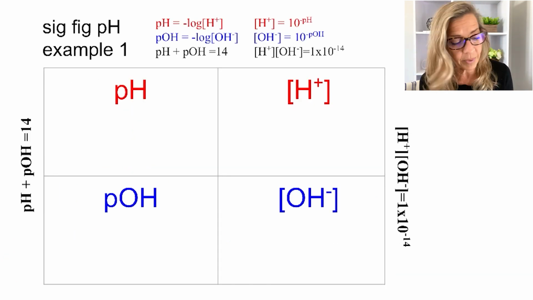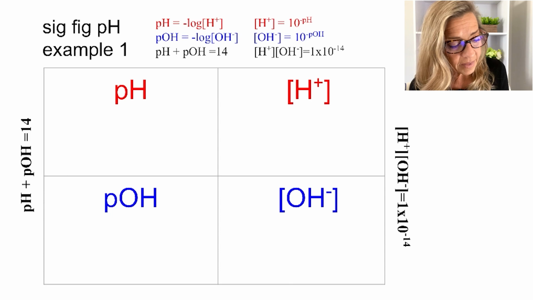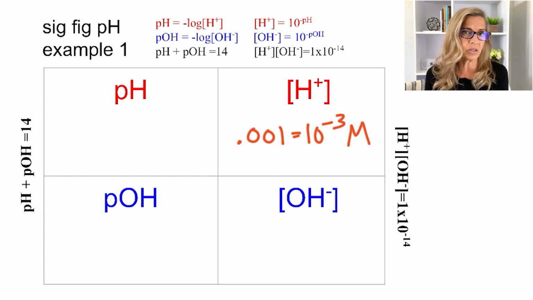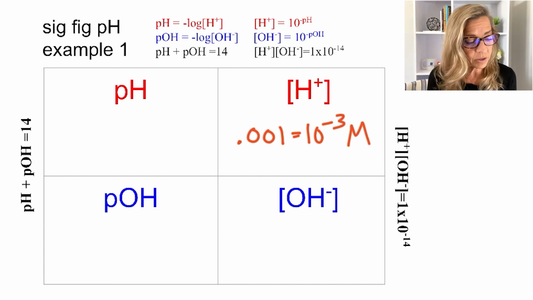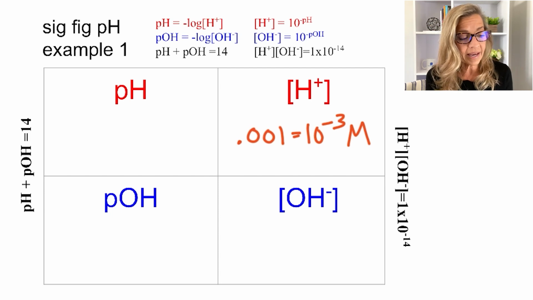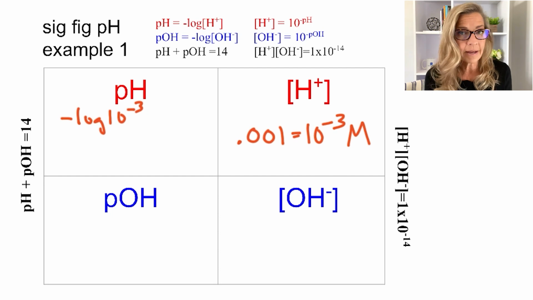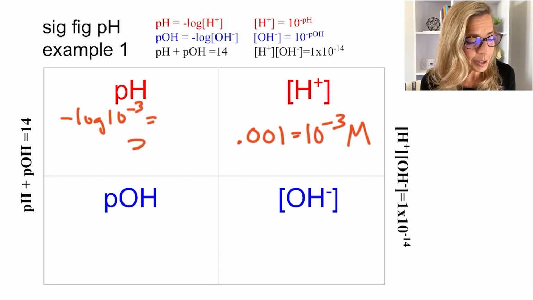The first one I want to give you is a hydrogen ion concentration of 0.001, which is 10 to the negative third molar. This is just a hypothetical solution. If we take the negative log of 10 to the minus third, well, the log of 10 to the minus third is negative 3, so the pH is equal to 3.